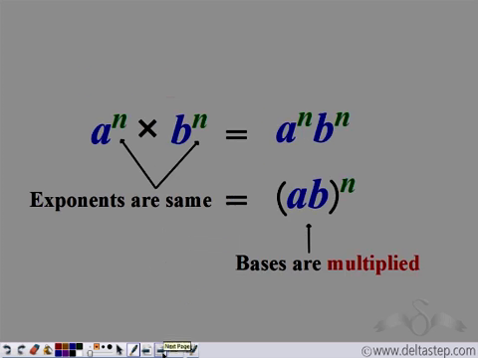If we multiply two exponentials with same power but different bases, then the bases are multiplied and the power or the exponent remains the same. So a to the power n into b to the power n is a into b whole to the power n. The product of these two exponential numbers gives us this exponential number in which the base is the product of these two bases.